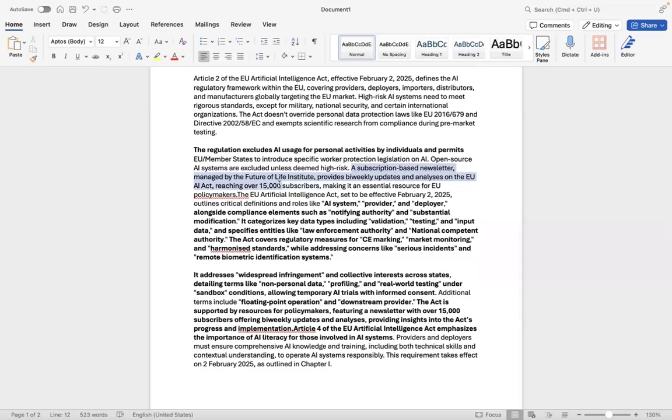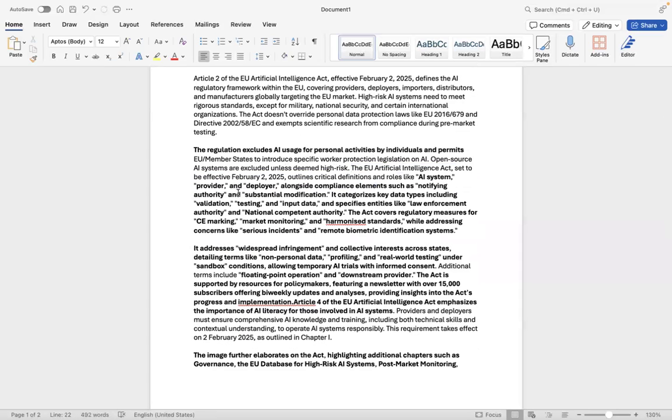And I am going to remove this. The EU Artificial Intelligence Act is set to be effective February 2, 2025. In Article 2 also, you see it's a duplication, because Article 2 also talks about that it is effective February 2, 2025. That's why pre-processing is required to remove some of the distractors.